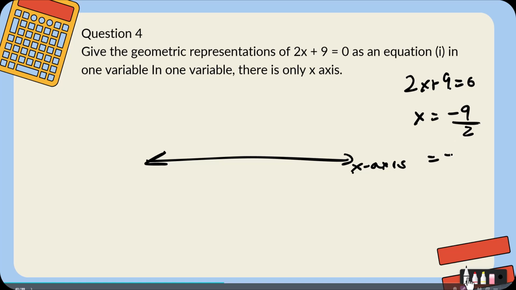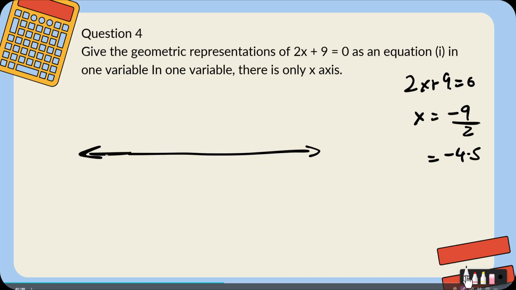Simplify, it will become minus 4.5. So we have 0, 1, 2, 3, 4. These are all negative, right? And we have 5. So where is minus 4.5? This value here between minus 5 and minus 4, this will be minus 4.5. This will be your answer, that point, right? So that's how we represent it.